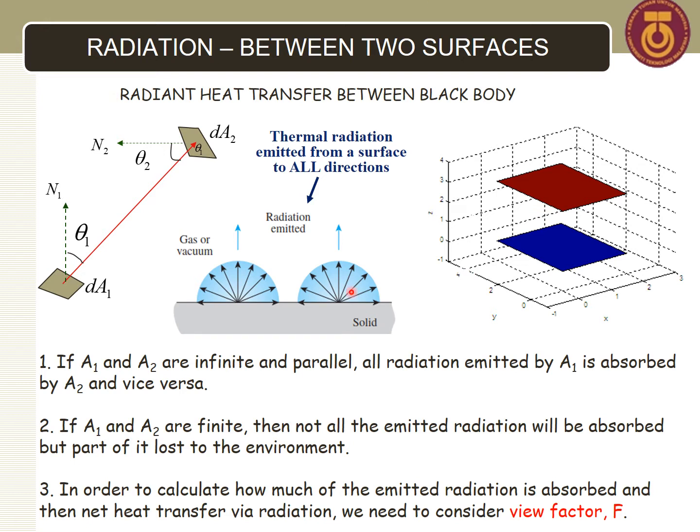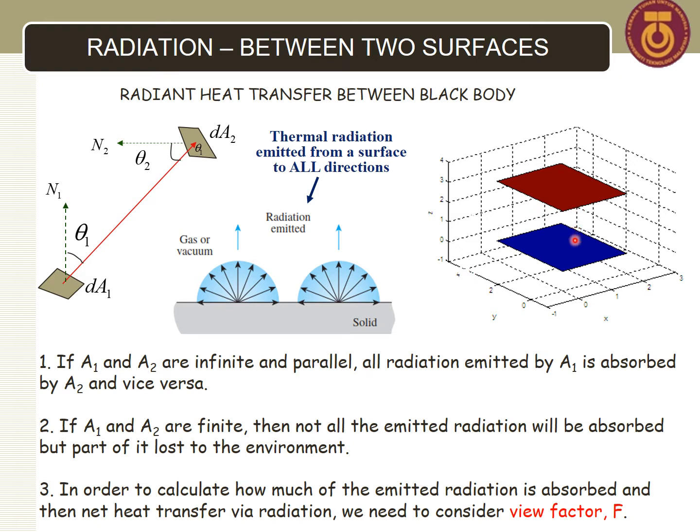What are the factors that determine how much radiation emitted by a surface will fall on another surface? There are many factors. For example, their dimension. If the dimension is bigger, of course more radiation emitted will fall on another surface. Another one is orientation.